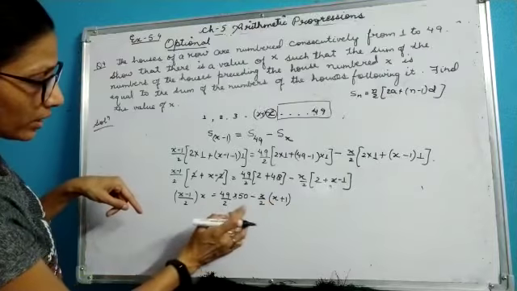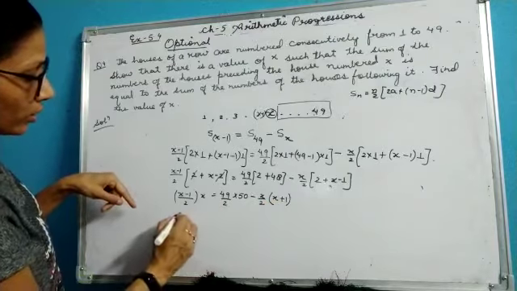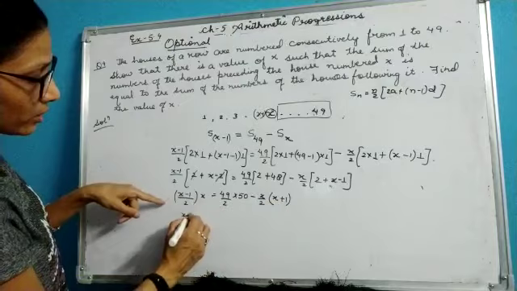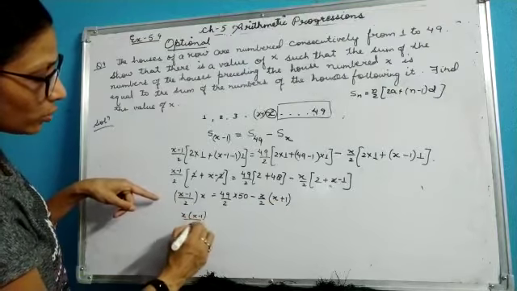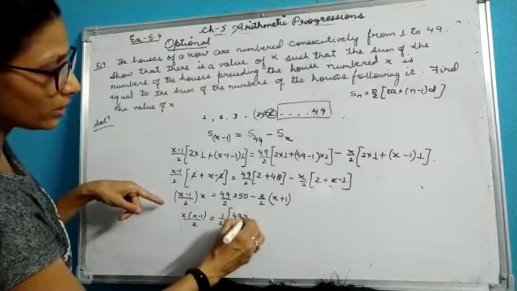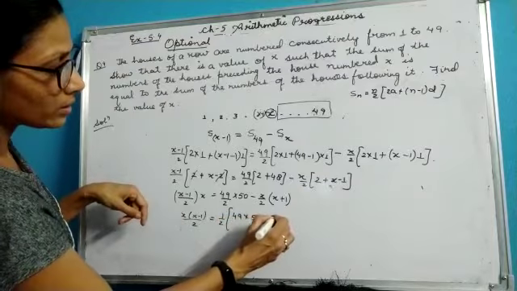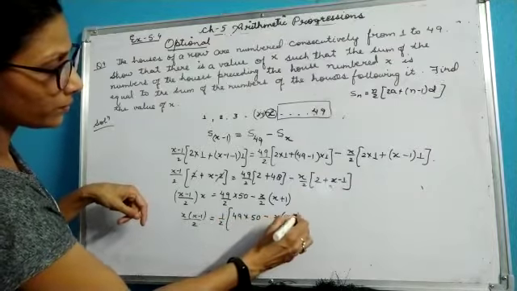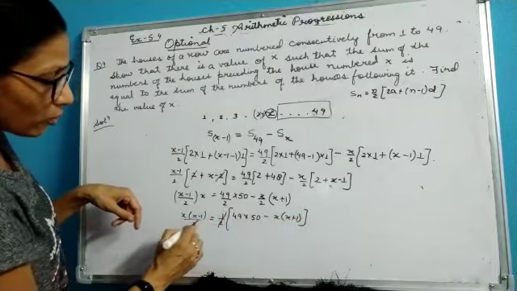Now I can take half common out of these two. So I will be getting x minus 1 by 2 equals half I have taken out, so this is 49 into 50 minus x into x plus 1. Half and half gone from here.